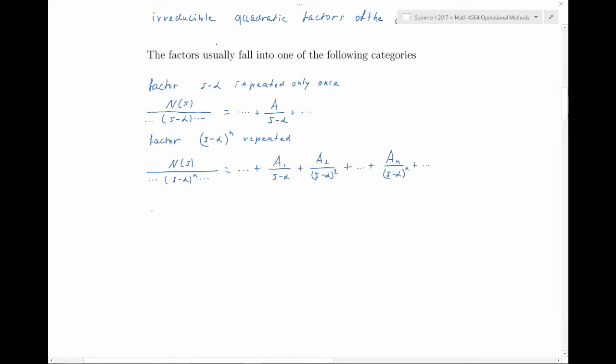Another case is when we have a single irreducible quadratic factor. In other words, we'll find a factor that we can't break into two linear factors in the decomposition of the denominator.